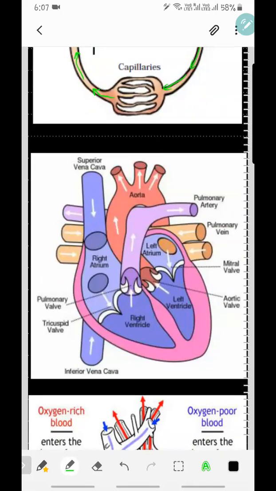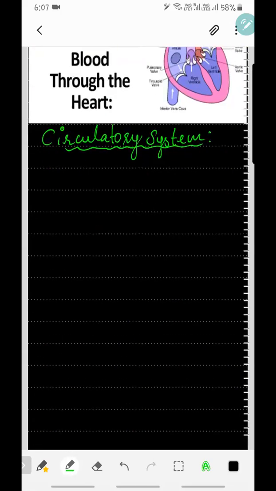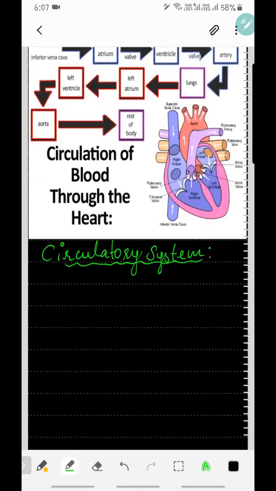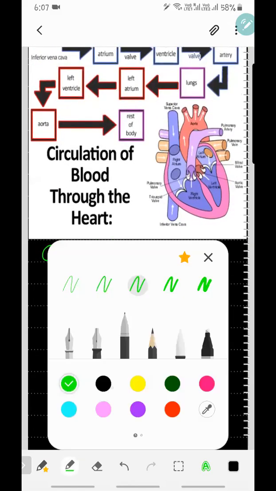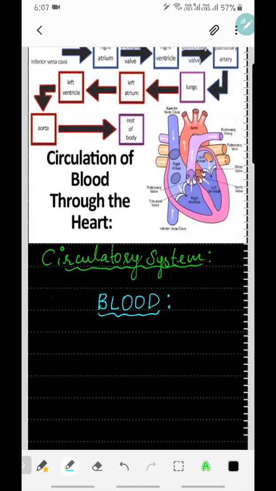So first, we'll see about blood. Then we'll go through the other parts. The topic is blood. Now, blood is a fluid. It is a tissue.